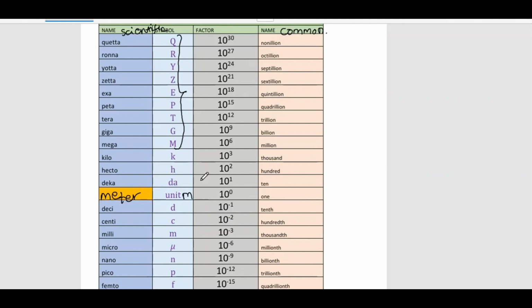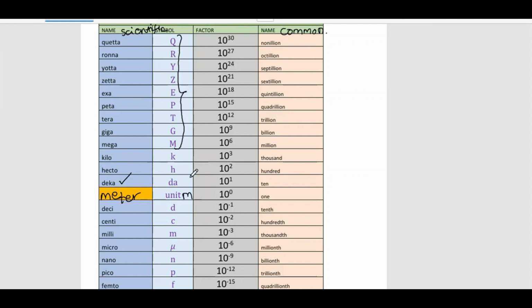And if we have 1 times 10 power 1 meters, we can now replace this factor by its symbol, which is da. It's called deca. Now our new length becomes 1 decameter because now decameter is equivalent to 10 meters.